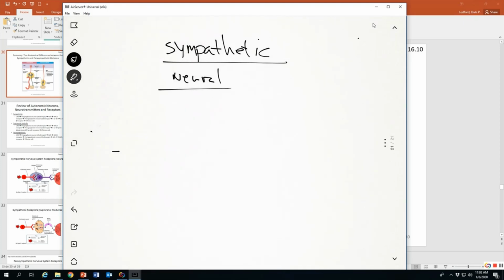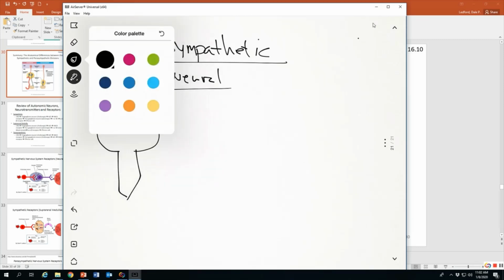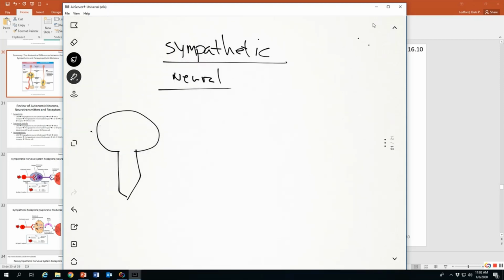Here we have the CNS. To make it a little bit simpler, something my students have asked me in the past to do, I'll just go like this. This is sympathetic.